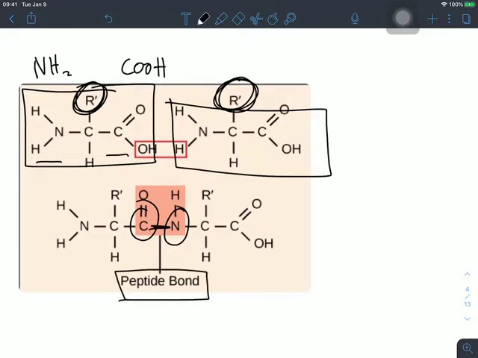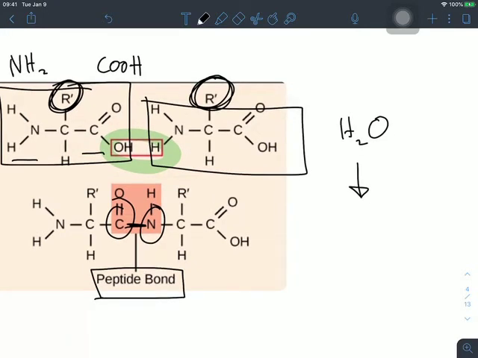Now notably, do you see the molecule that has to be removed in order to form a peptide bond? Well, it's got two H's and one O. That's right. Peptide bonds are formed through dehydration synthesis.